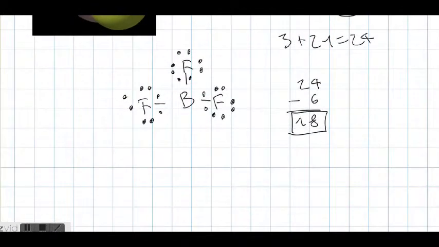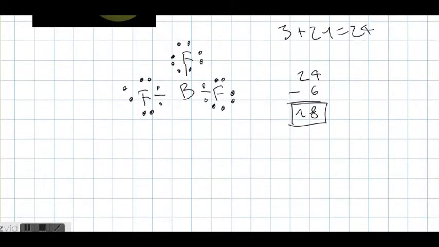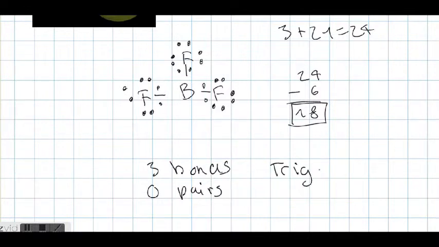Now our next step would be to distinguish what shape it is. So since boron trifluoride has 3 different bonds and 0 lone pairs, we know that it's a trigonal planar.